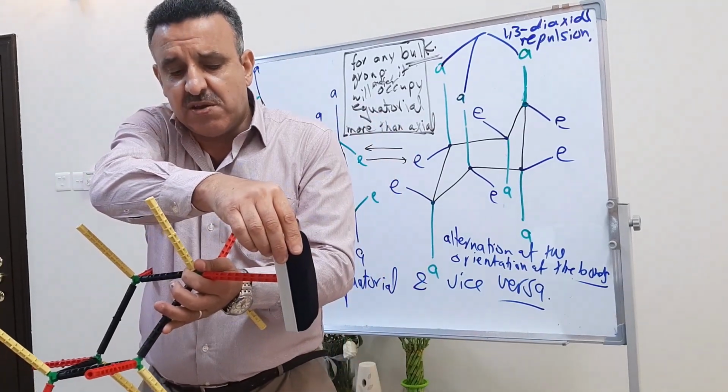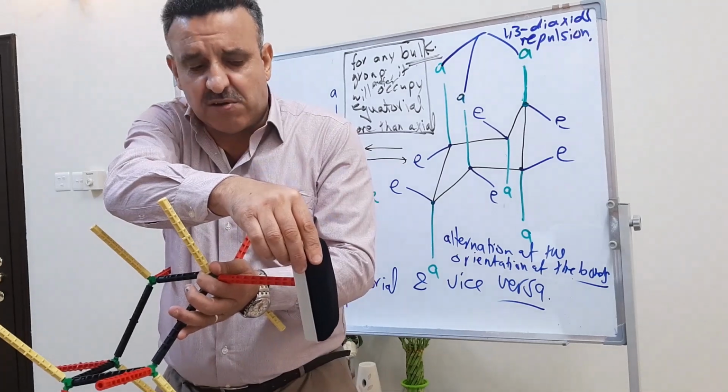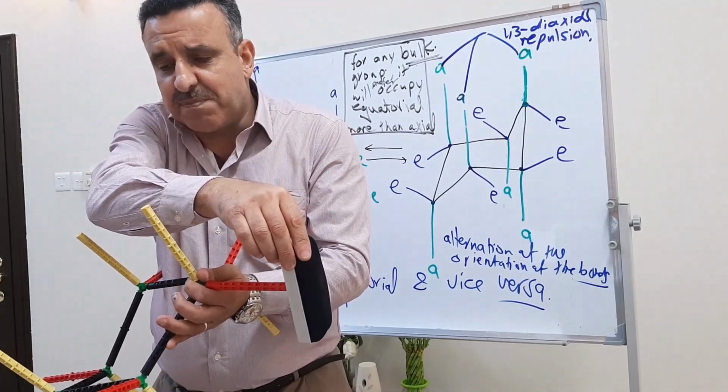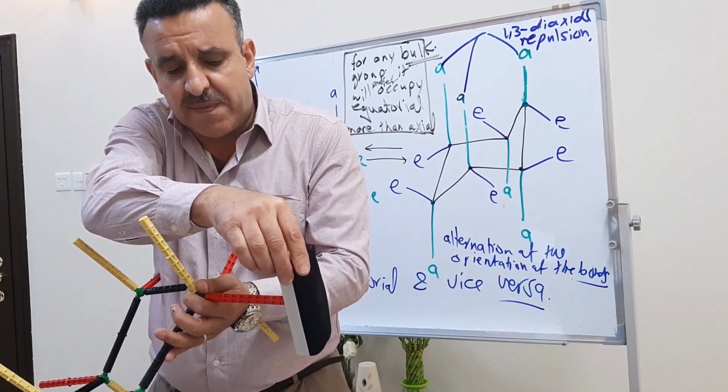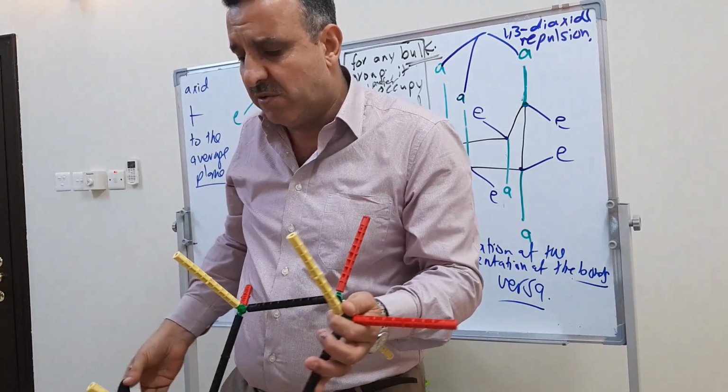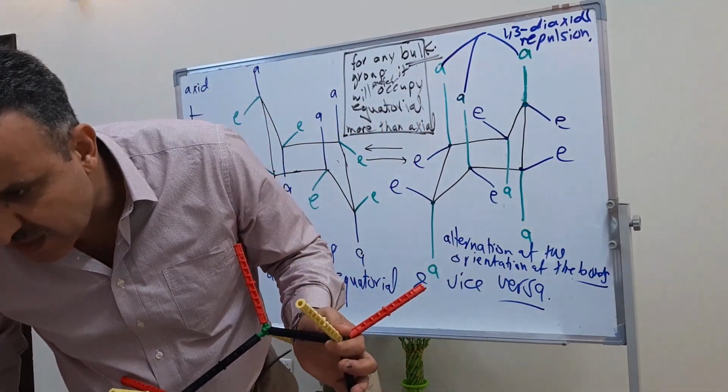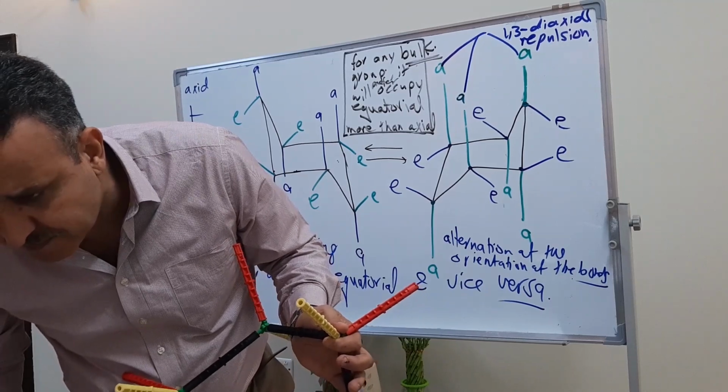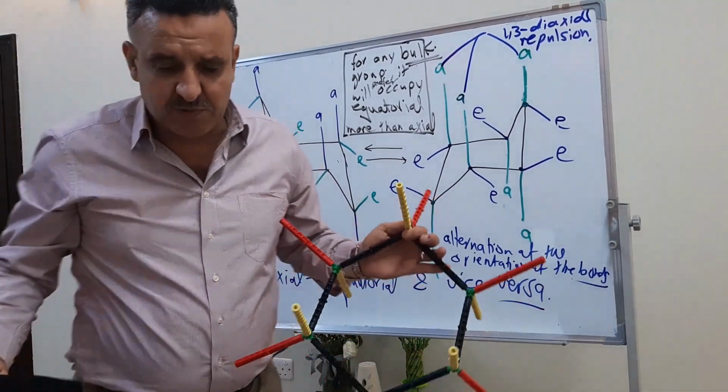Here, you can imagine and feel very easily that the repulsive forces when the bulky group occupies equatorial will be very much less. Got the point, Al-Bara? Wonderful, perfect.